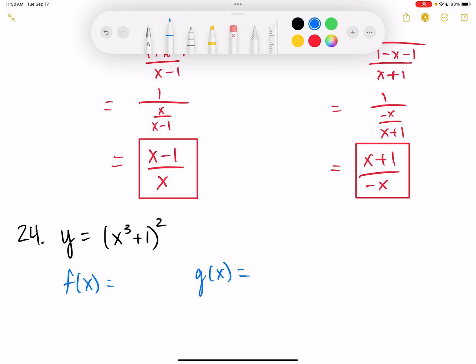So what I'm doing is I'm looking at this and I'm basically pulling an inner function. They want me to do it as if it's f of g of x. So g of x is my inner function, f of x is my outer function. So I'm going to say that my inner function is this x cubed plus 1. So what does that mean my outer function has to be?